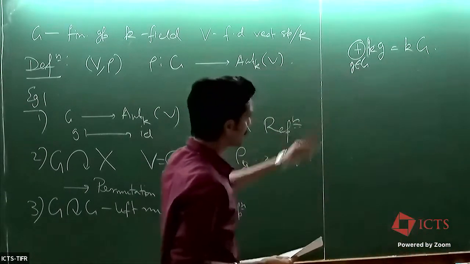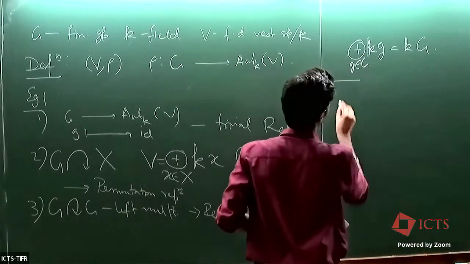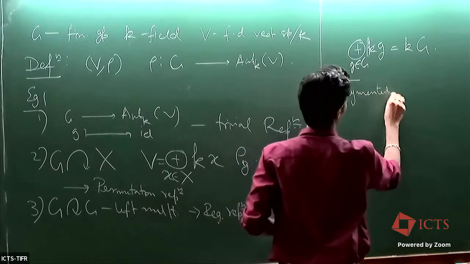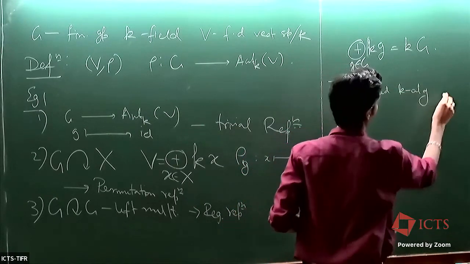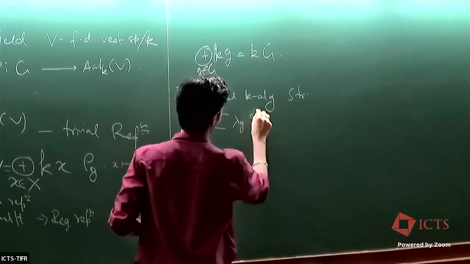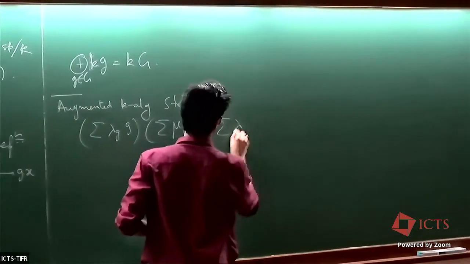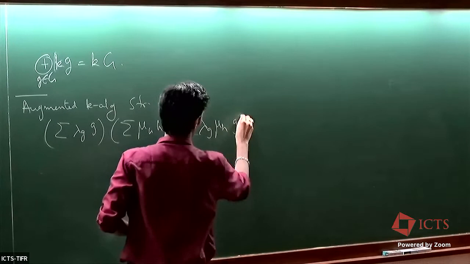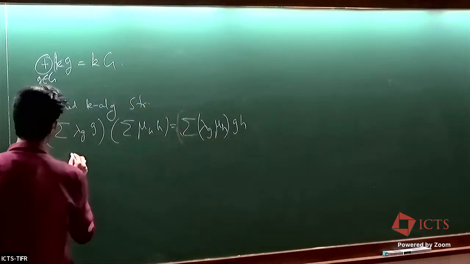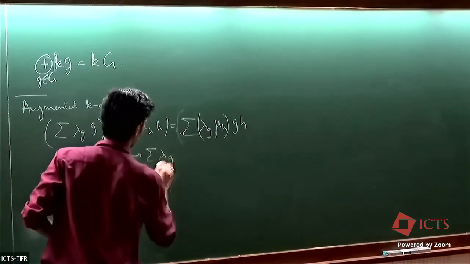We will focus more on this KG because of the following reason. First, we have an augmented K-algebra structure on this KG. That is given by this multiplication. And the augmentation map is given by sending every sum of lambda_g g to the sum of lambda_g.